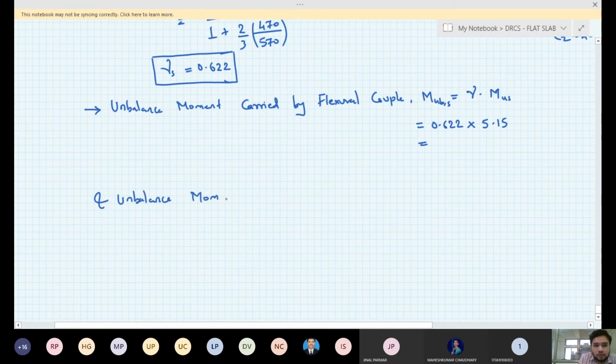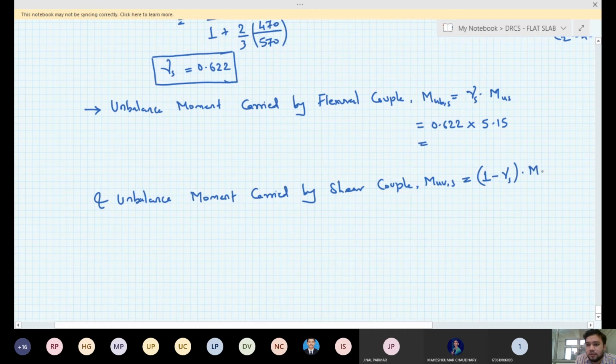The unbalanced moment carried by the shear couple, MUVS, means along the short direction, it will be the remaining unbalanced moment, that is 1 minus gamma S, again this is gamma S, times MUS. So it will be 1 minus 0.622 times 5.15.